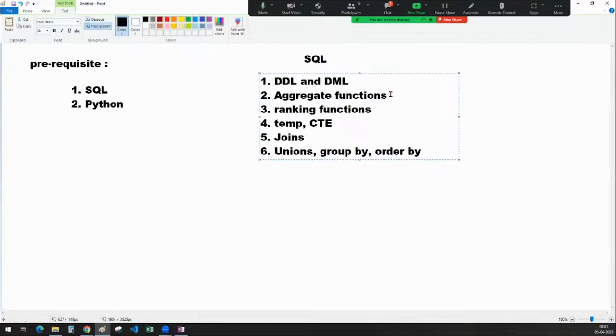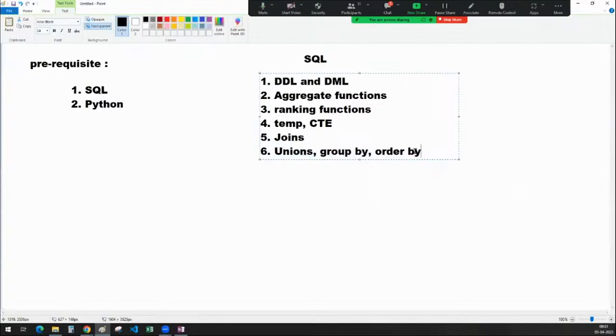In aggregate functions: min, max, count, all of those. Ranking: row number, dense rank, rank functions. Then temp tables, CTEs, and joins. You should know at least inner join, left join, right join. Unions, union and union all, group by, order by. I believe this is enough for SQL, guys.